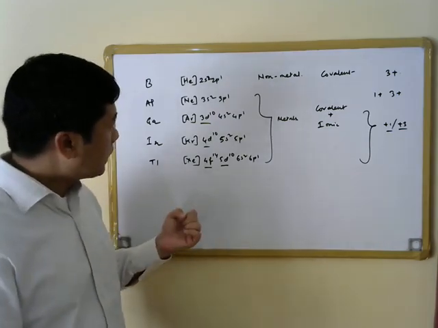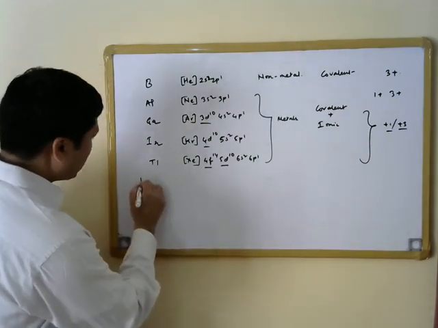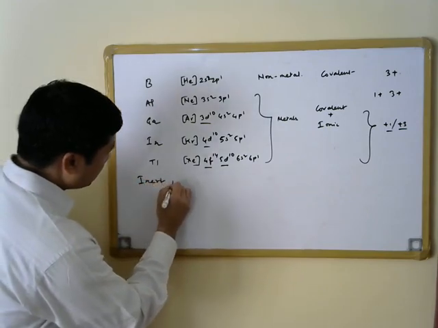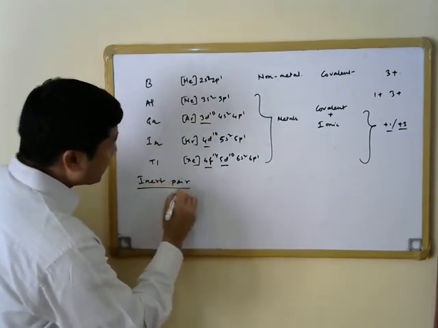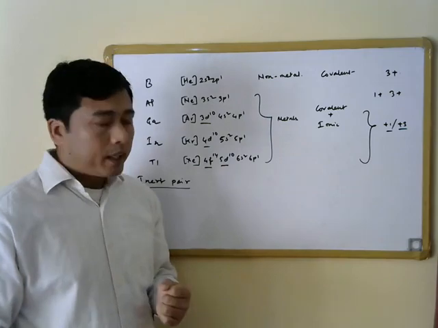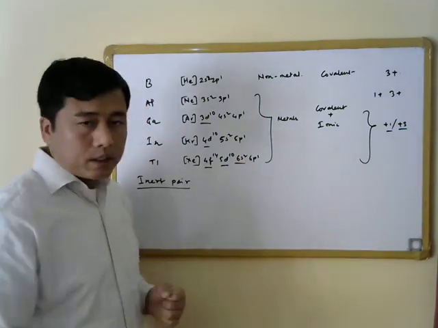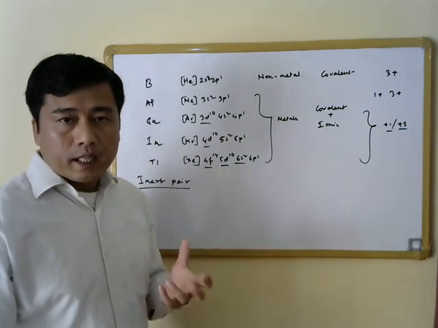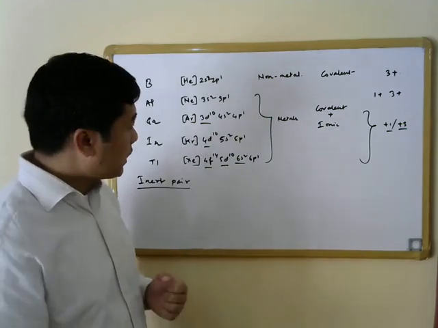So what we can say, what is the inert pair effect, is that in the case of the heavier elements, the electrons in the s orbital do not participate in bonding.